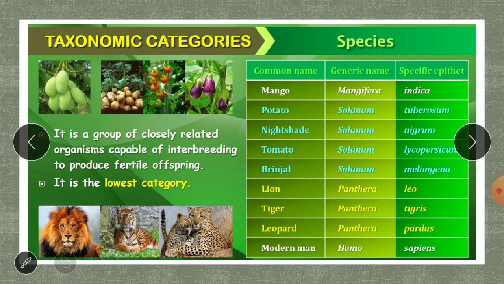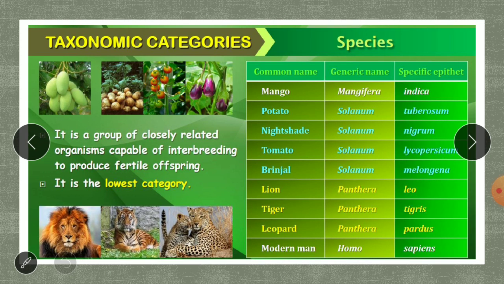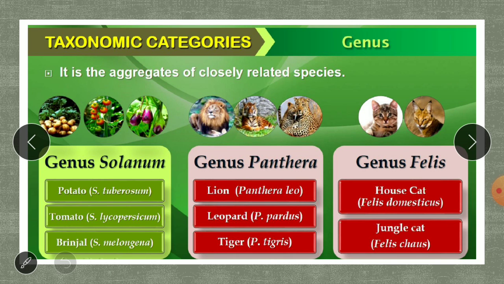They have sharp teeth. They are fast runners. All these are the peculiar features of the genus Panthera. So in this manner, the genus is those organisms which have closely related species.